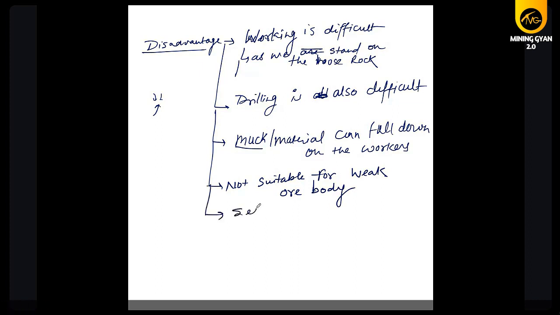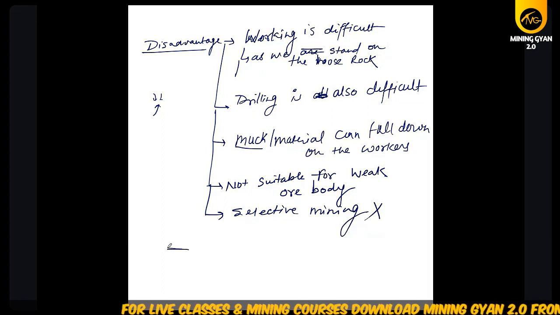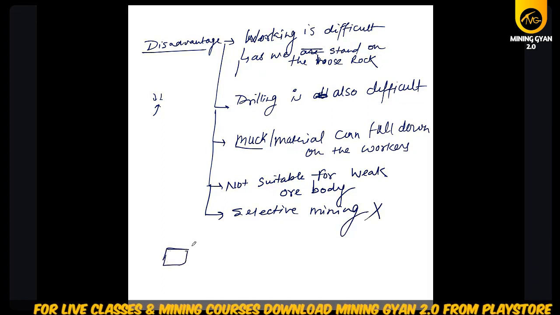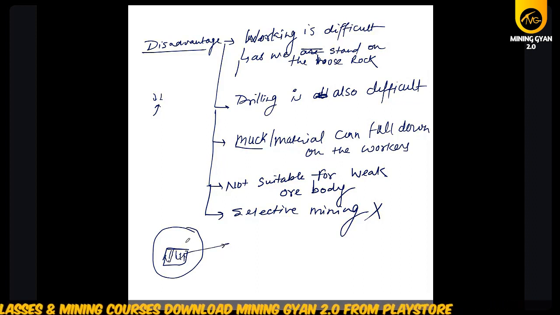And in this method, we cannot do the selective mining. What is selective mining? In selective mining, if we think that this is our ore body and this part is not good for us to extract, then we can leave it.